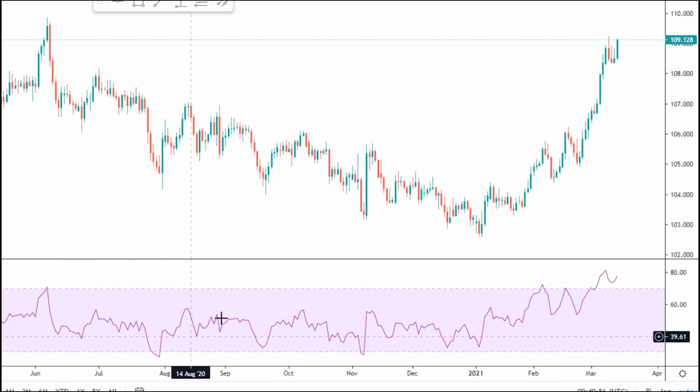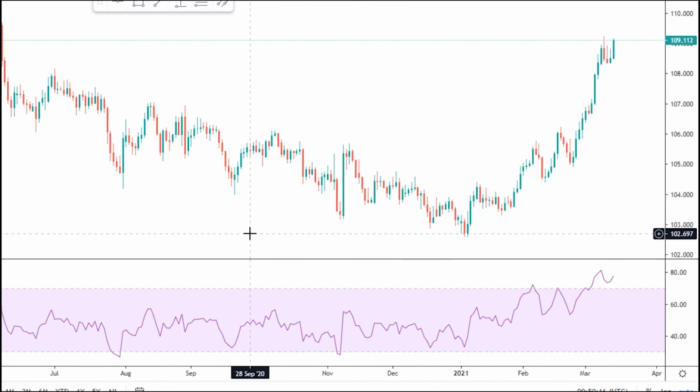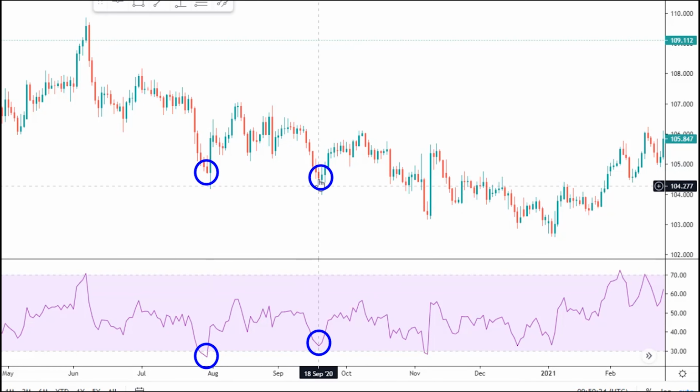The second strategy is through a divergence system. Here on this chart, we can see the trend was in a bearish rally. Now, let's study the lower low of each bearish swing in relation to the lows of the RSI indicator. We can see the swing low here and here, which resulted into a double bottom.